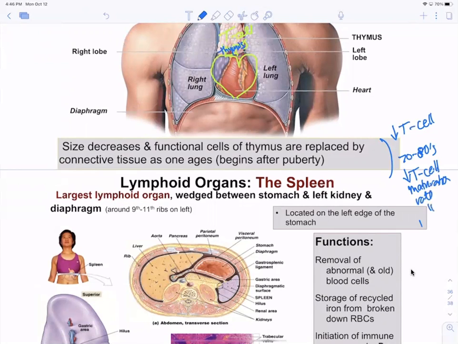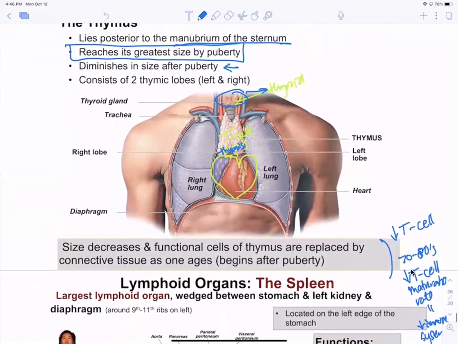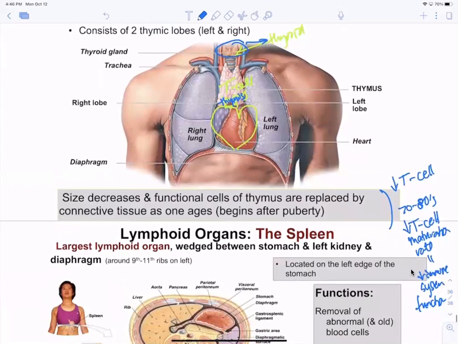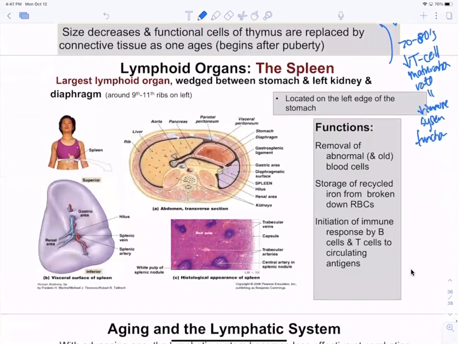And that equals lower immune system function. And that's why as people age, they just have less T cells because their thymus is less active and productive. And with less T cells, you have less of an immune response. You become more immunocompromised as you age naturally due to this.